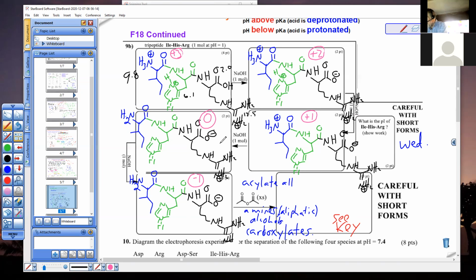What did happen there? We took this proton off. So this is the molecule, the PI molecule right here. I need a color that stands out. So I want to keep off the 9.8.